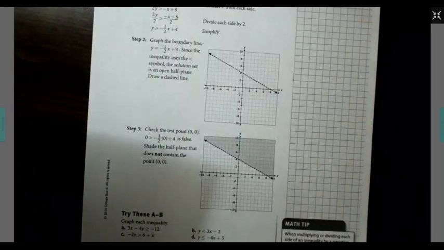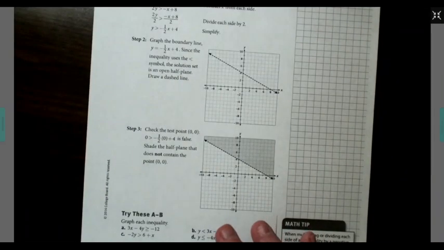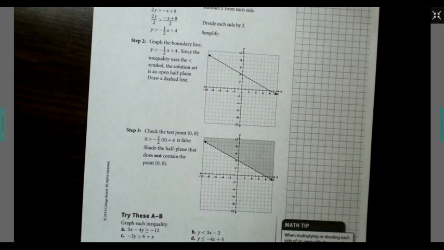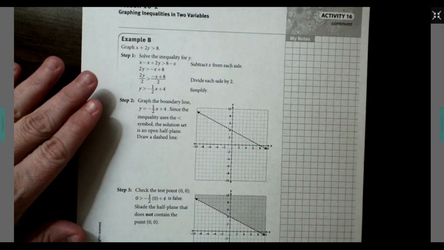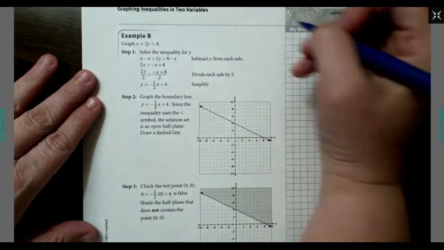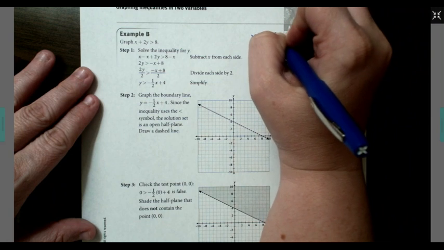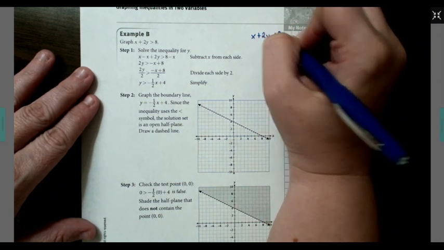Let's take a look at the next page. The next page states, solve the inequality for y was step 1. So they subtracted x from both sides. We would have probably written it like this.